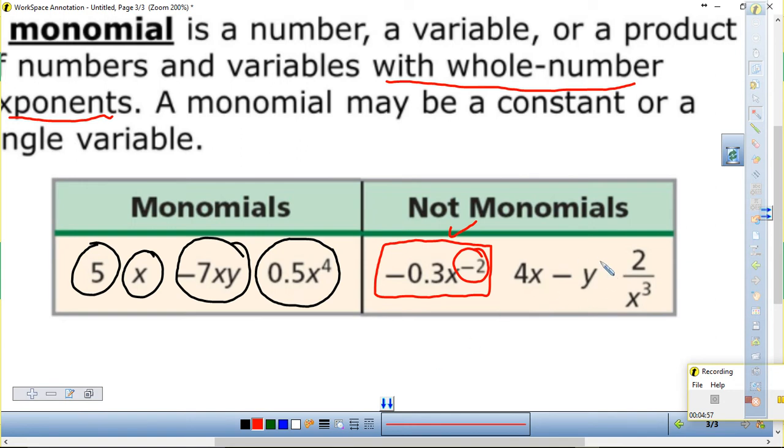Go to the next one. Banana? Why is this not a monomial? Because it's subtracting, and what does the definition say? Everyone? Product. So therefore, this is a difference. Okay, this is a challenge one. Who takes on that challenge?